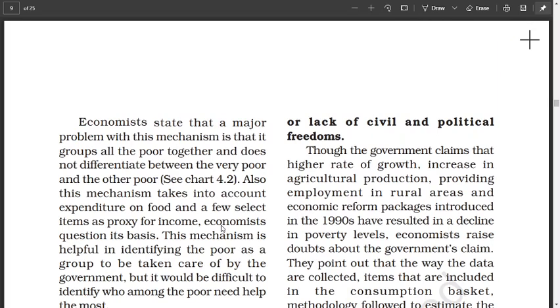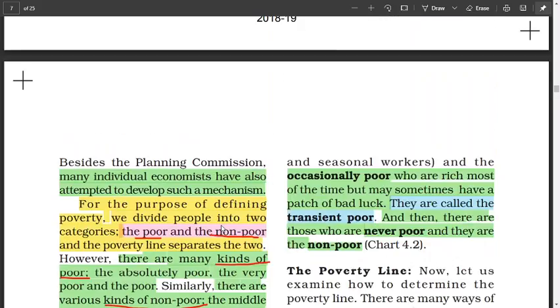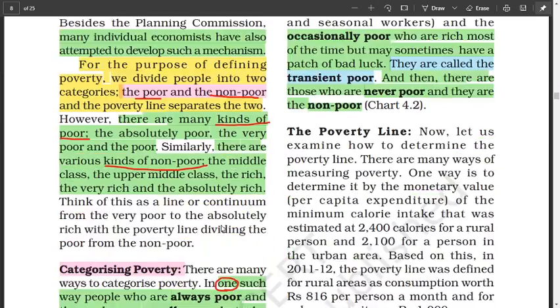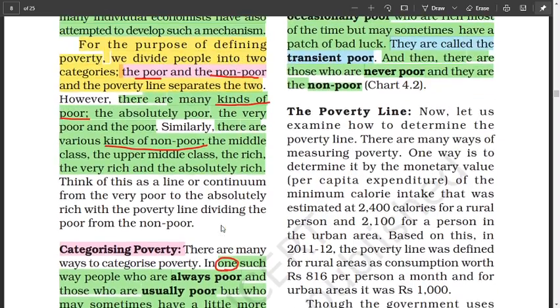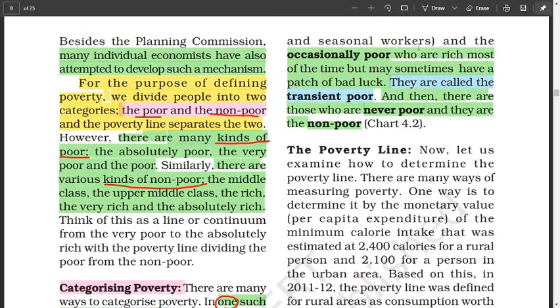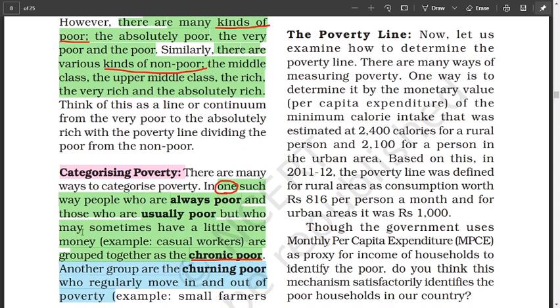Then we have the transient poor. The transient poor is another group.